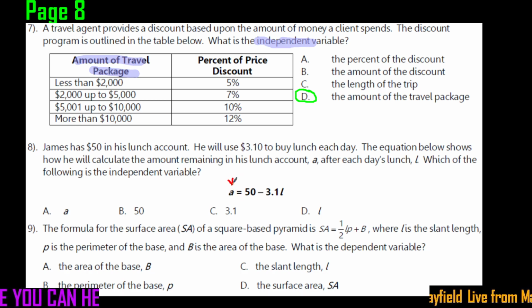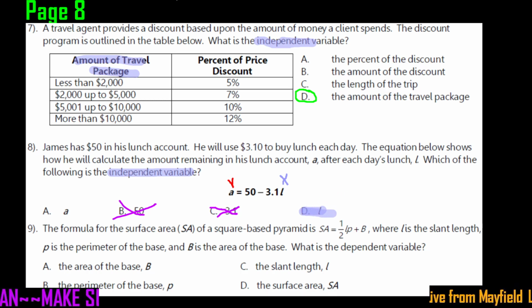That's basically going to be Y, and that means that L is going to be X. Since we're looking for specifically a variable, we know that we cannot choose these two because those are just numbers, so we would pick L as our independent variable.